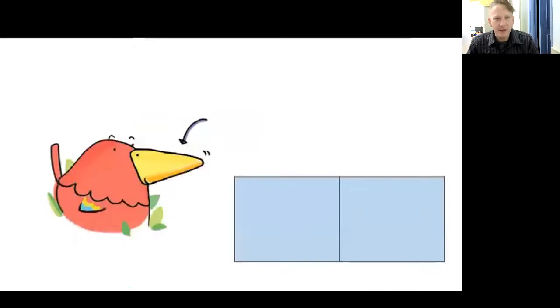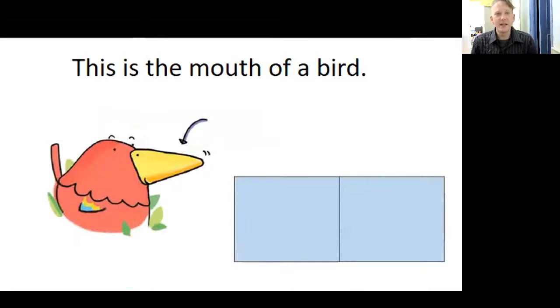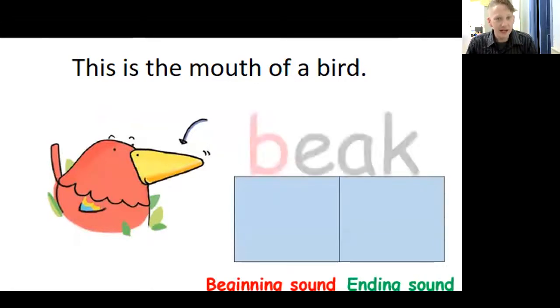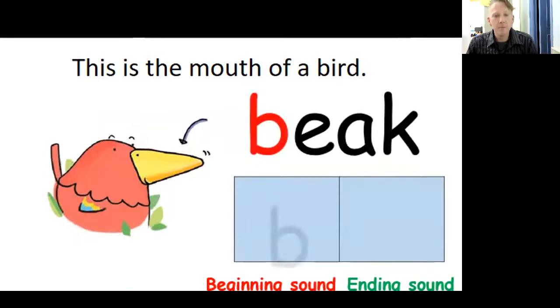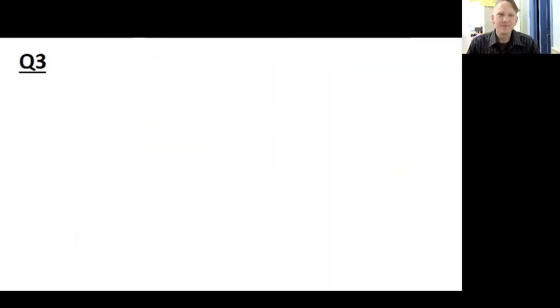It is a beak. So this is the mouth of a bird. I'll say it again. Beak. Now, is it the beginning sound or the ending sound? If you said the beginning sound of beak, you are correct. That's right.